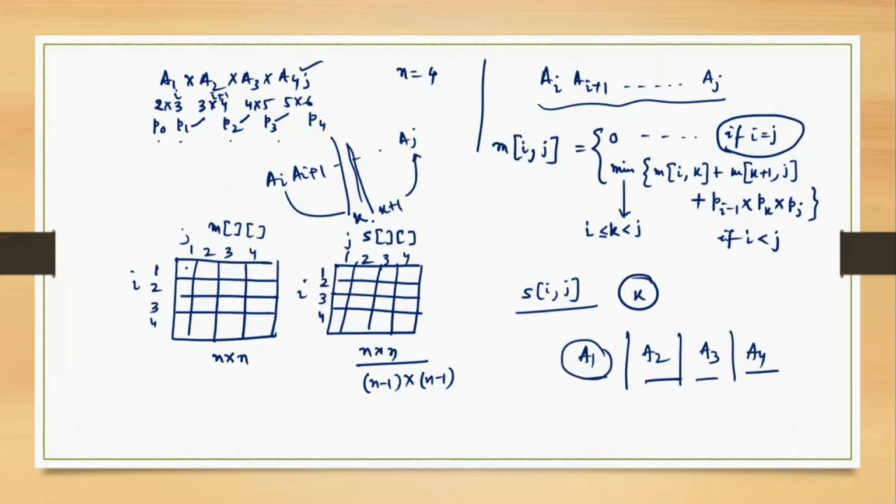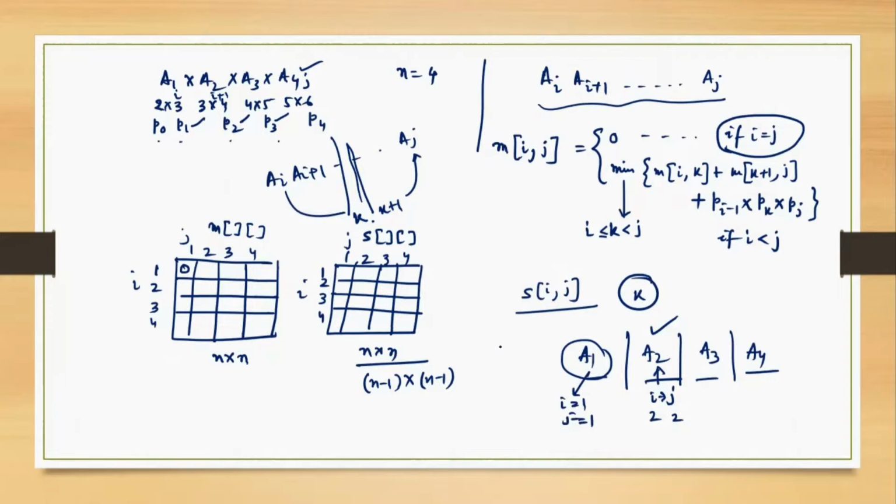So for the first matrix, only one matrix, there is no cost of multiplication. That's why it is 0. If you have a chain consisting of a single matrix A2, in the M table, it is M of 2, 2. The chain consists of 2 to 2, I to J, where I is 2, J is 2, only single matrix. Here I is 1, J is 1.